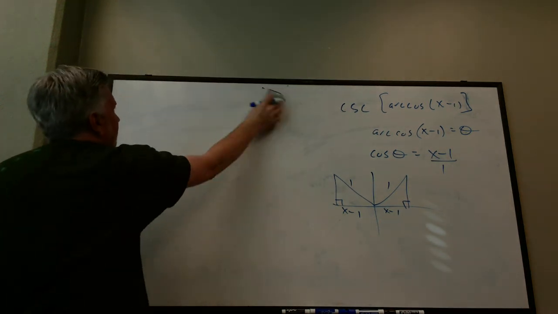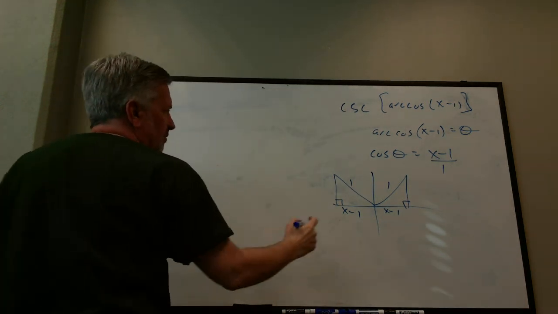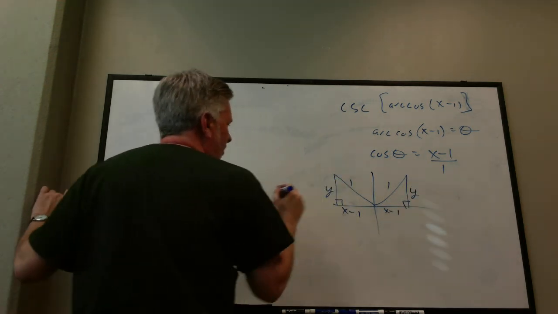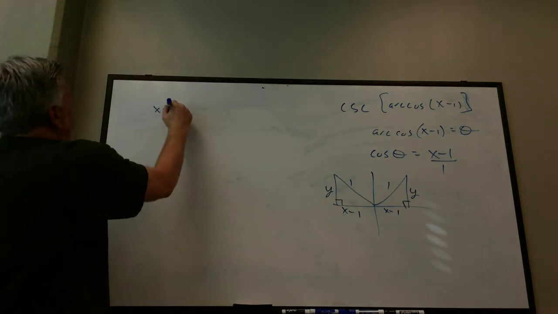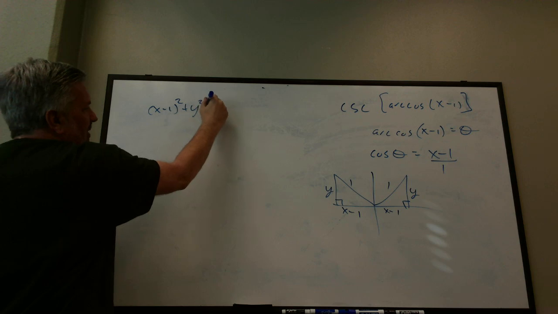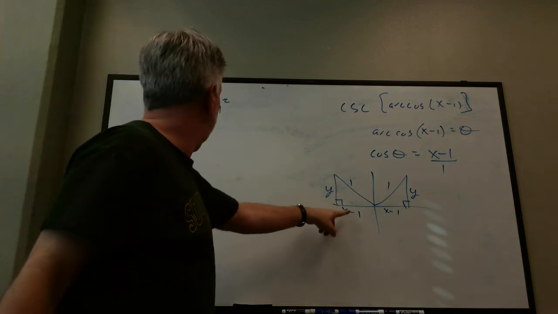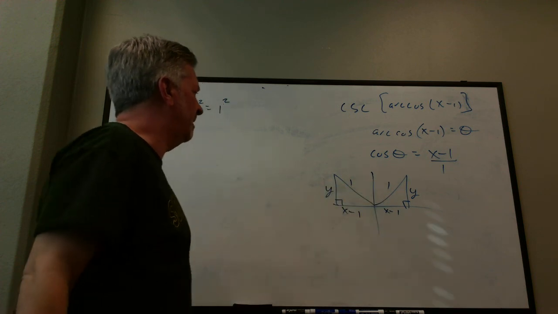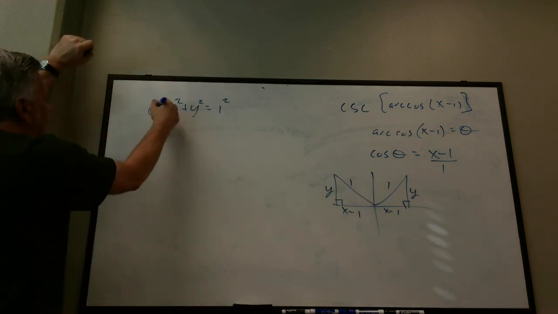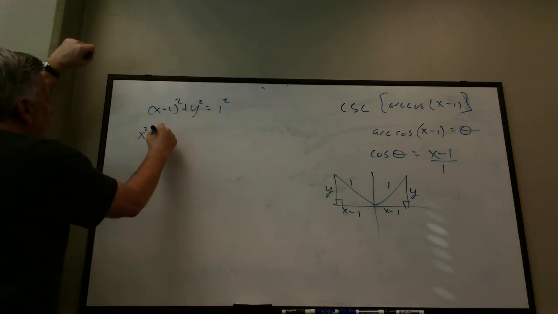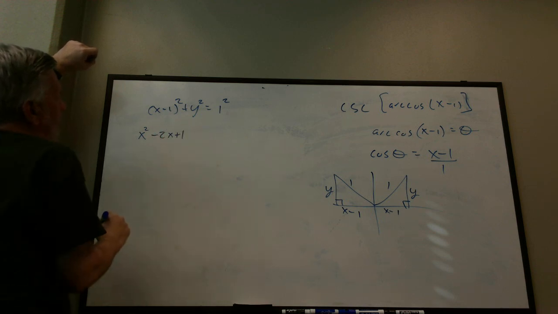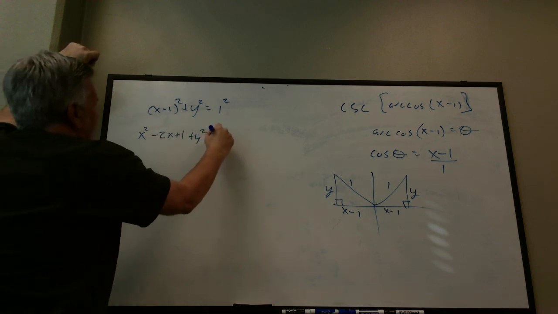So we'll use the Pythagorean theorem again. If I call that y on both of them, then x minus 1 squared plus y squared is 1 squared. Same thing over there. If I multiply this out, I get x squared minus 2x plus 1 plus y squared is 1.